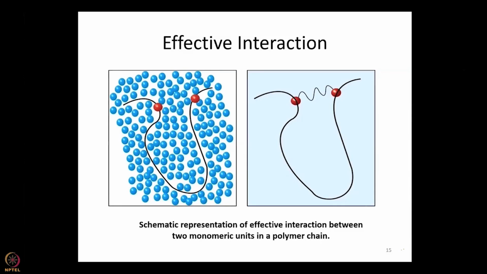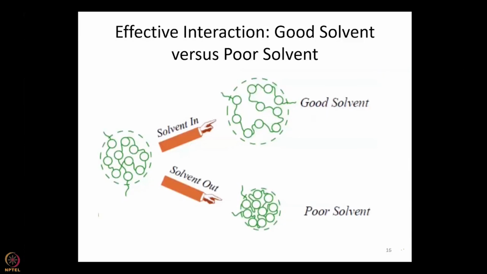This effective interaction plays a very important role. If I don't want to talk of the solvent, I'll talk later, but not in the beginning. So now I'll do something without that. As I was saying, in a good solvent, the solvent molecules come in and the polymer gets swelled. In a bad solvent, however, it collapses.